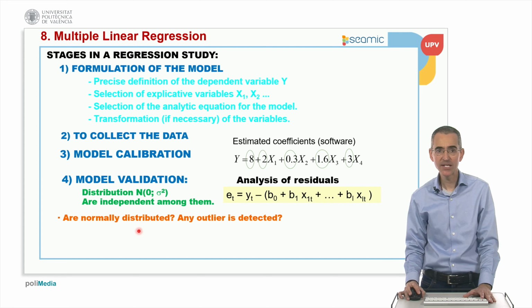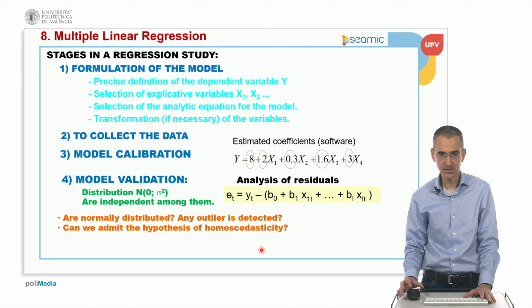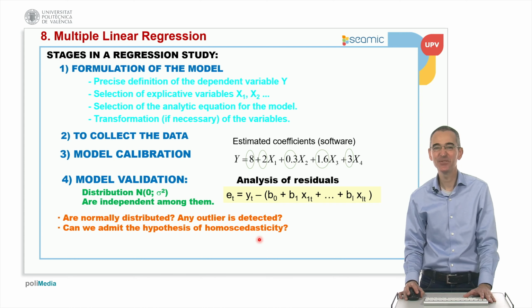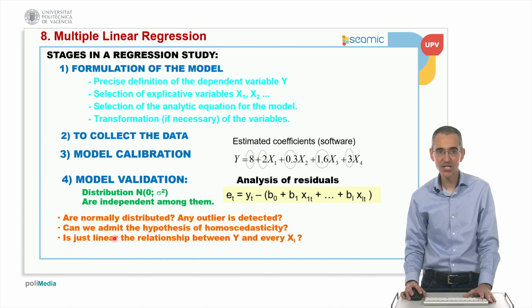Are they normally distributed? Is any outlier detected? That is what we have to study based on the analysis of the residuals. Can we assume or admit the hypothesis of homoscedasticity? These are important questions that we have to answer in order to validate the model. Is the relationship between x and y just linear for every x?